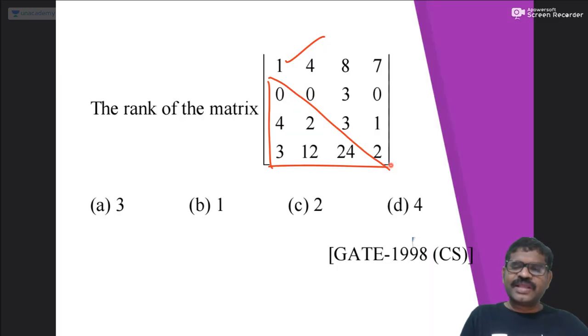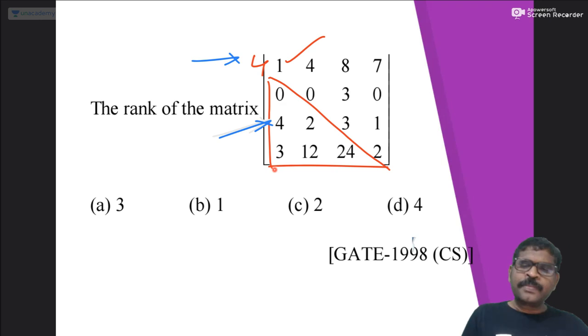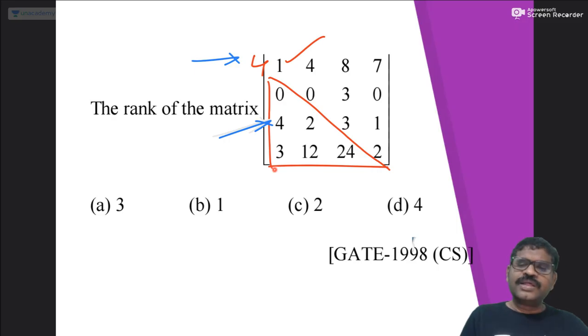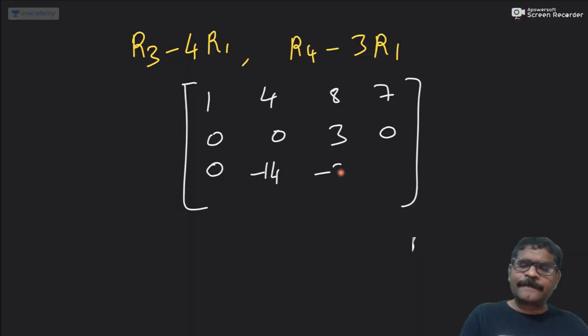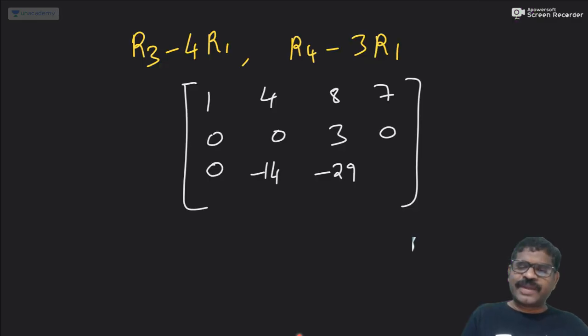Next, 4 minus 4 is 0. I am talking about the operation R3 minus 4 times R1: 4 minus 4 is 0, 2 minus 16 is minus 14, 3 minus 32 is minus 29, 1 minus 28 is minus 27.